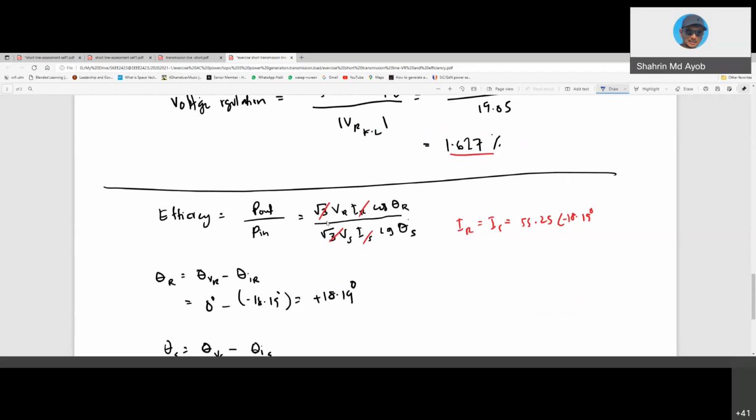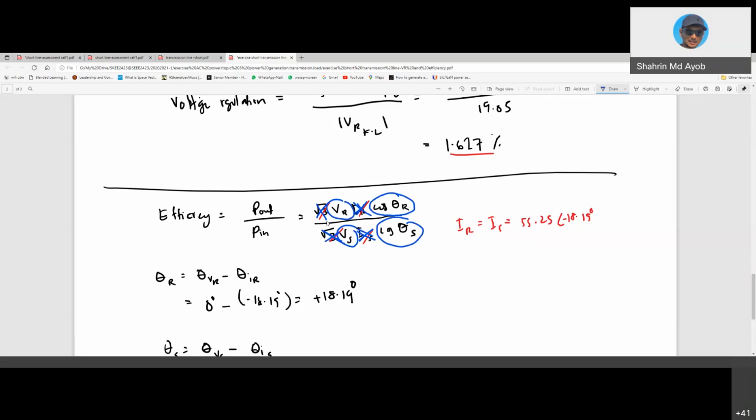We already know that for the short line, IR and IS are similar, so we can delete this, and the square root 3 we can also delete. So the only parameters that affect the efficiency are the value of your VR, the value of your Vs, the cos theta R, and also the cos theta S.